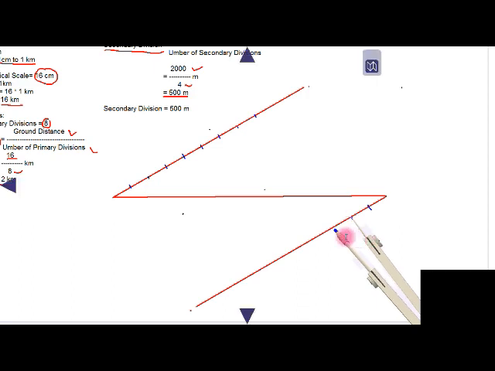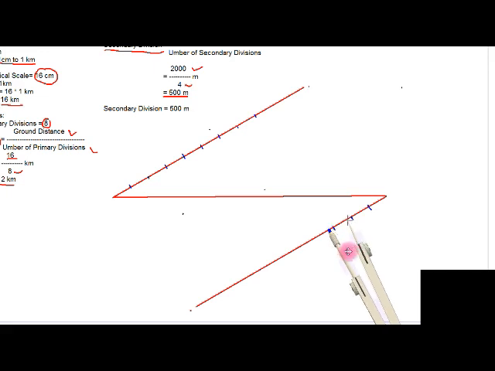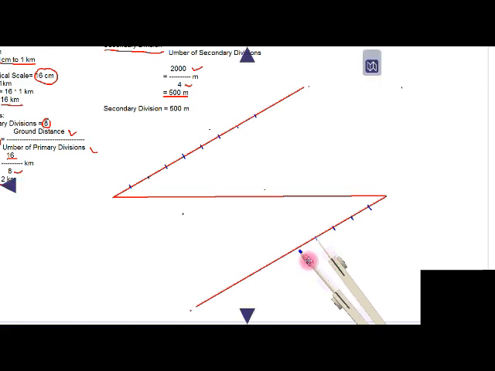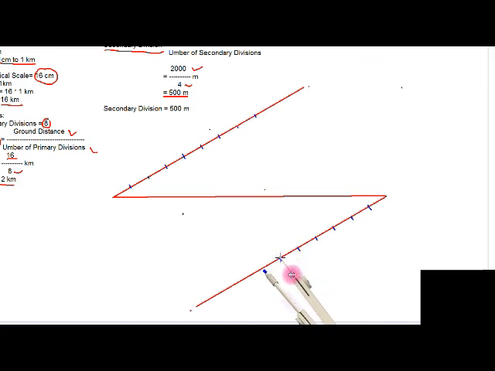So 1, then 2, then 3, then 4, 5, okay, and then 6, 7, and 8.